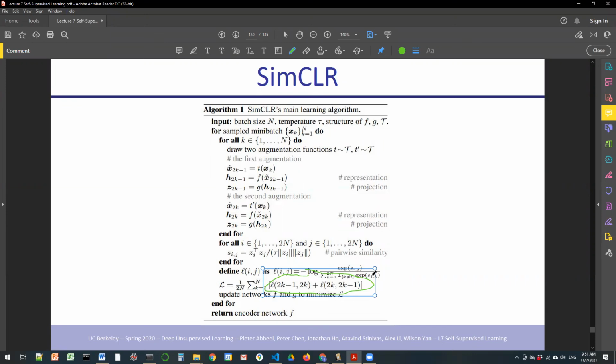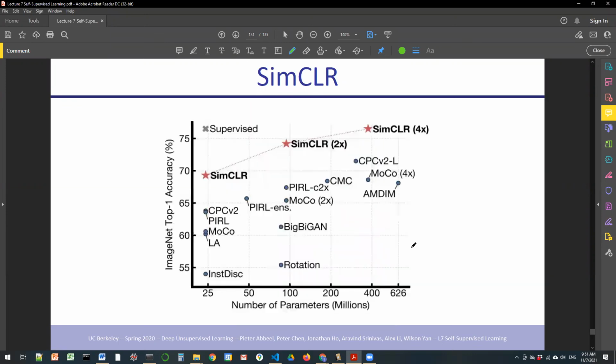They add one other significant augmentation, which is a Gaussian blur. And eventually, what they find with linear classification using wider networks is that SimCLR beats, and apparently significantly for the first time, the top one accuracy of supervised learning.